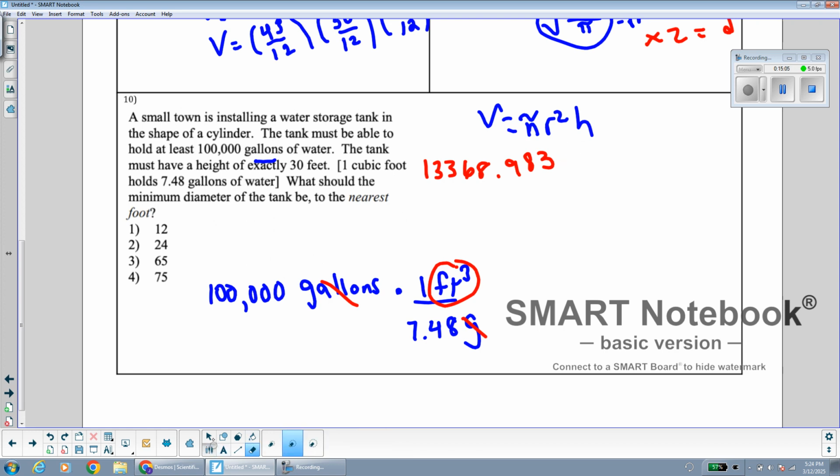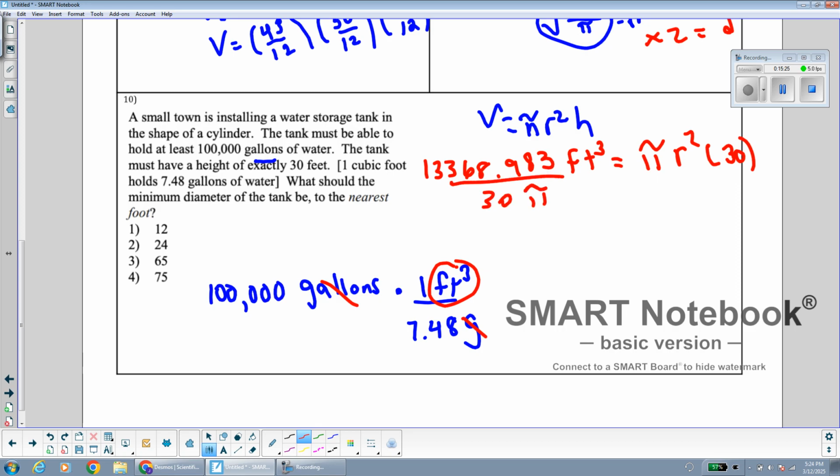So that's the volume. This is the volume in cubic feet, the desired volume. We need to find the radius, and the height needs to be 30. So let me first divide by 30 pi. If I divide by 30 pi, I'll have what r squared is, and then I could just take the square root of that.